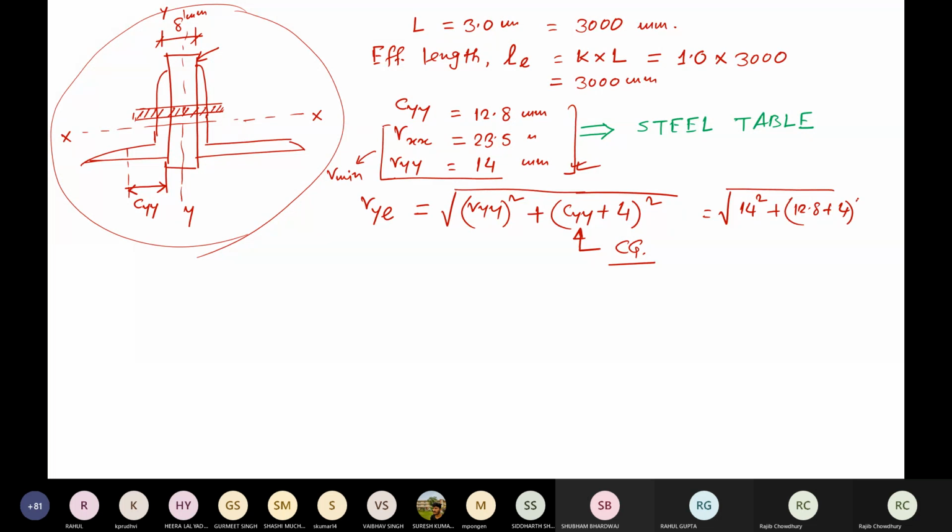Why is it 4? Because we are considering only the half width of the gusset plate, because the other half width would be attached with the other angle section. So this becomes 21.87 mm, and still it is less than the RXX value.